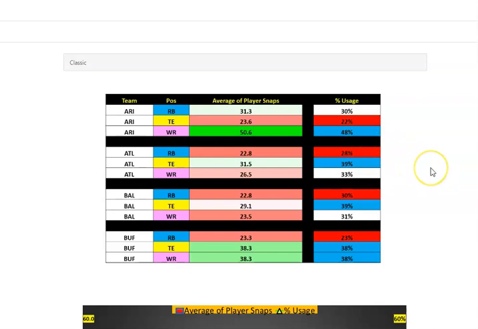So the table does show you, take a look at Atlanta and Baltimore's tight ends at 39%. Look at Arizona, 22%, and Buffalo's at 38. So in a lot of ways, those three teams are really trying to use their tight ends a lot.